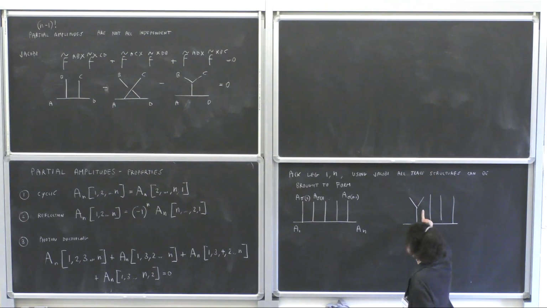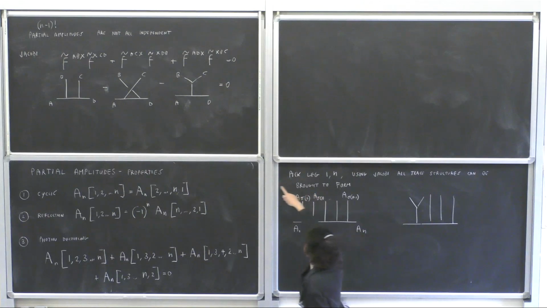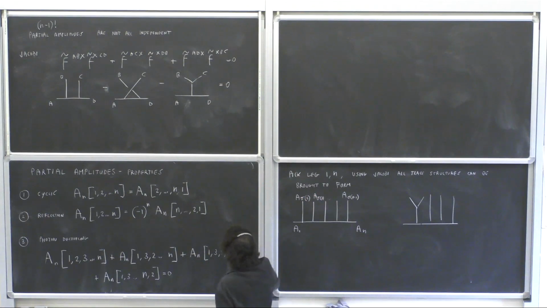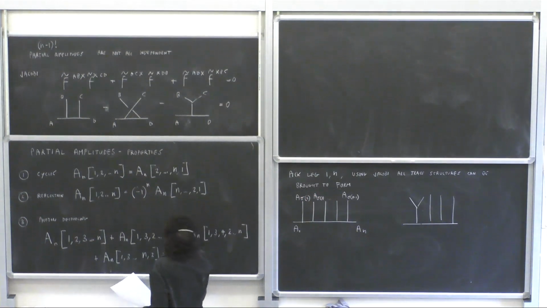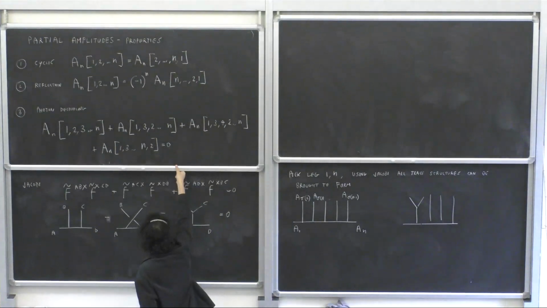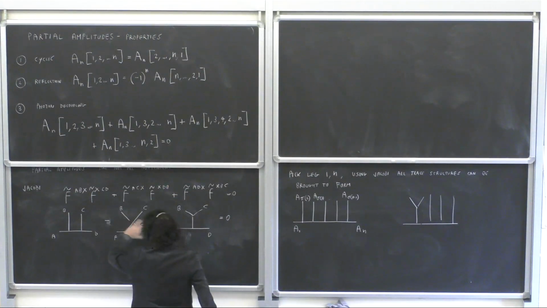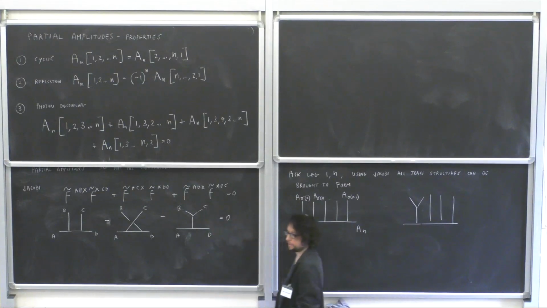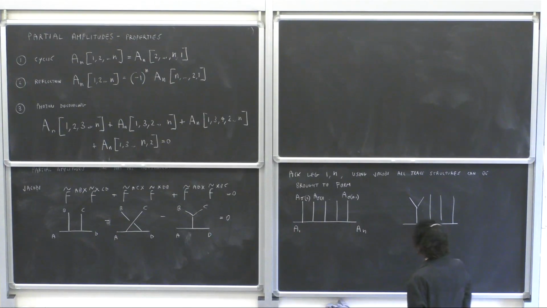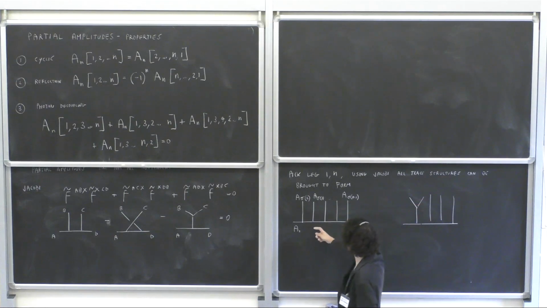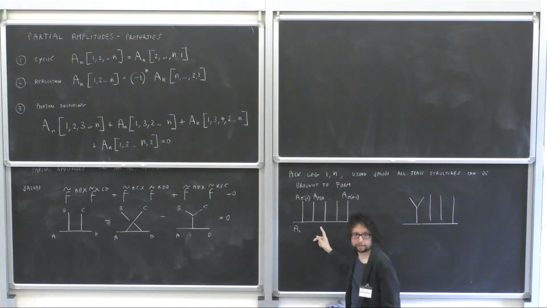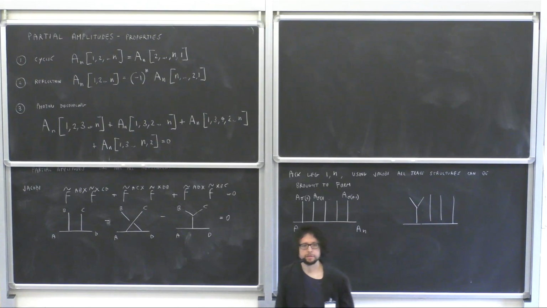And of course, you see quite well from the graphical rules that I can use this relation to express this graph as a difference between the other two, thereby expressing it as a combination of multi-peripheral graphs.